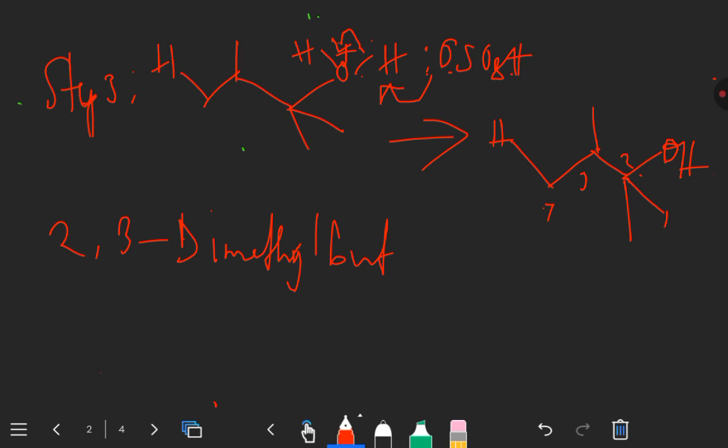Then at carbon number 2, that's where we have an alcohol, so it will be 2, 3 dimethyl.